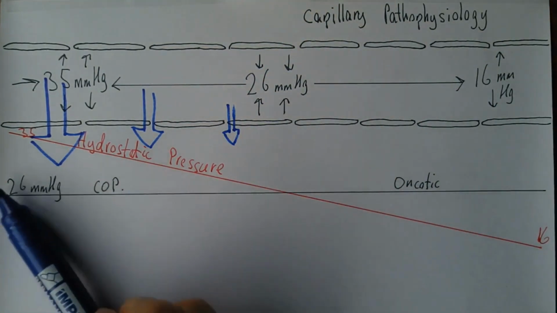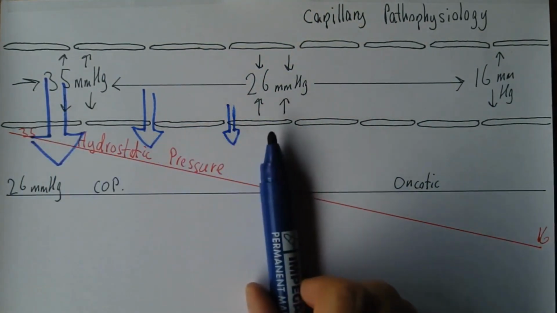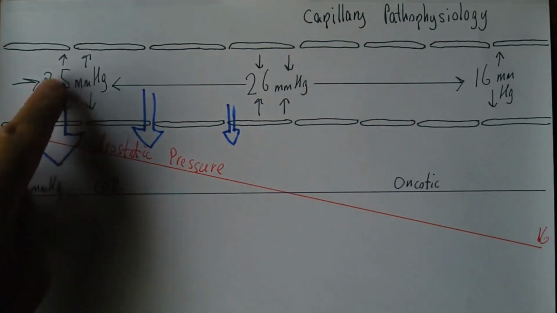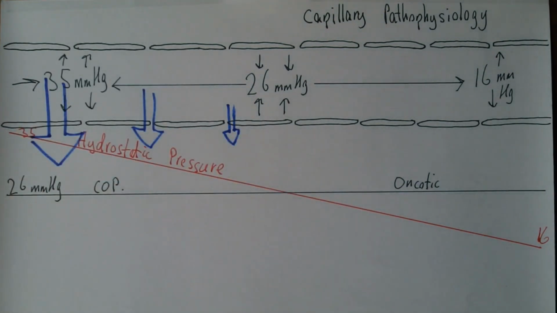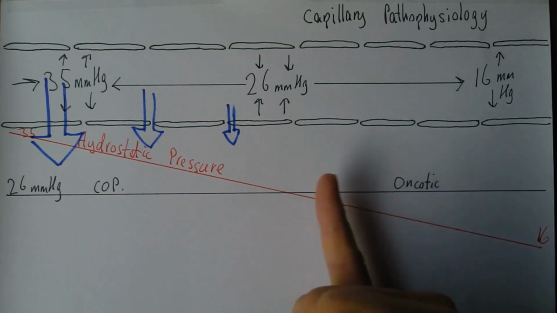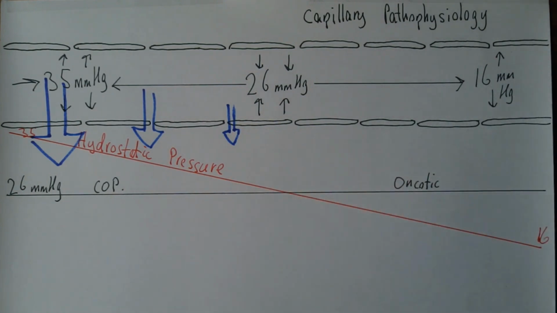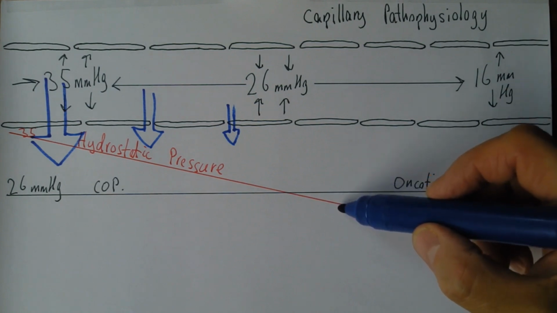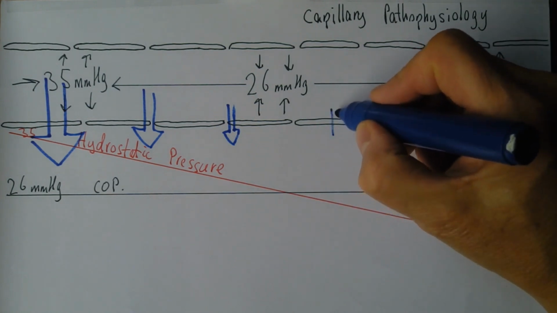So here, at the arterial end of the capillary, because the hydrostatic pressure exceeds the osmotic pressure or the oncotic pressure, more is coming out. But when we get towards the venous end of the capillary, when the pressure is lower, the osmotic or oncotic pressure is greater, so we're going to get a little bit going back in.